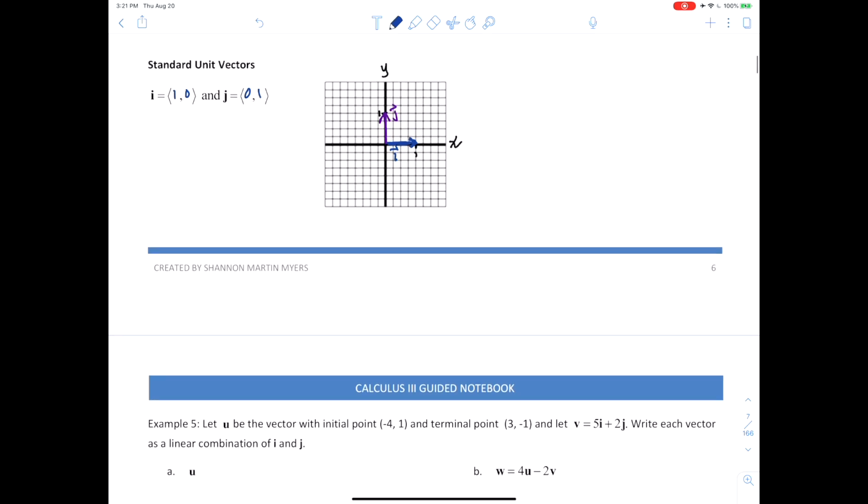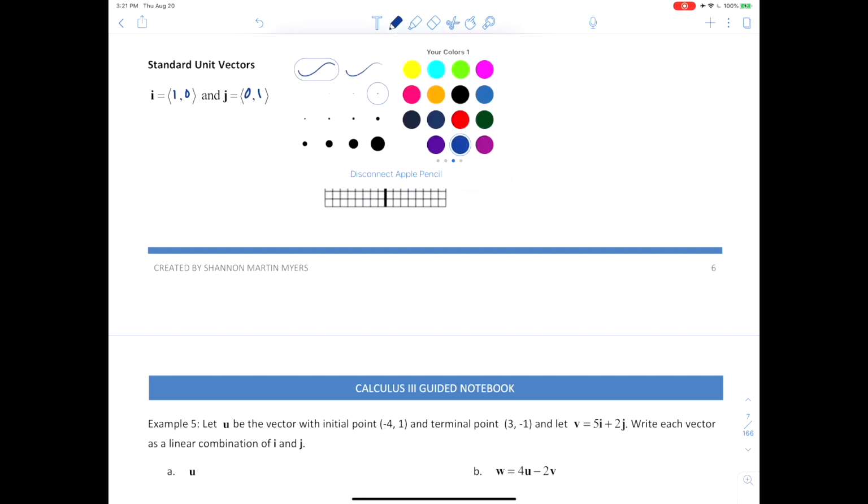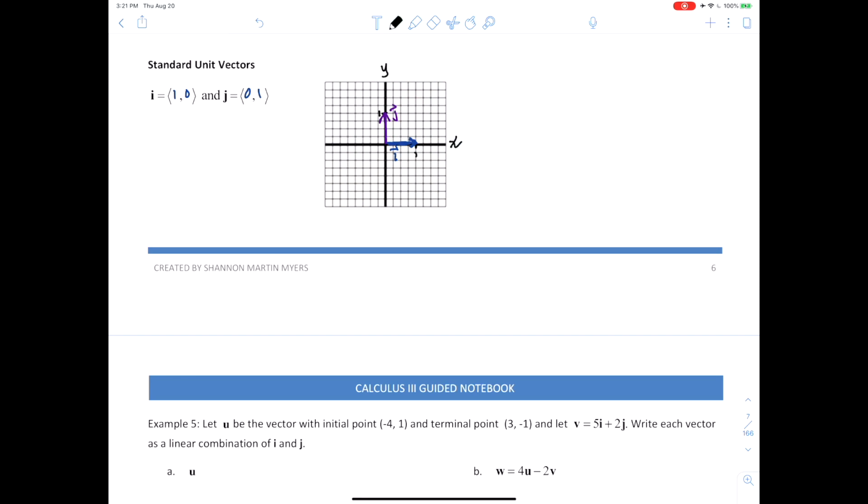Okay, so the cool thing about using these is that you can simplify a lot of things. So for example, if you have something like 2 times I, that's just going to be 2 times the vector (1, 0), which of course is (2, 0). So that means that you've just scaled the vector I by 2. Does that make sense?